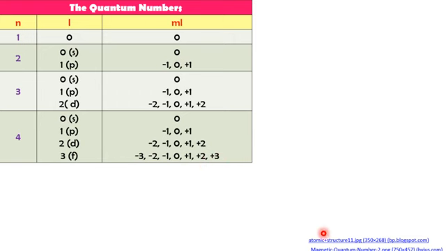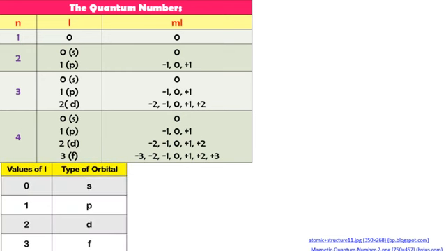So, how can we explain this? Using this table number 2. As you see, on the right side of L, there are S, P, D, F. And as you remember, S, P, D, F are what we call the orbitals or the sublevels: the S orbital, the P orbitals, the D and the F orbital. In each orbital, there is a specific number of quantum numbers.